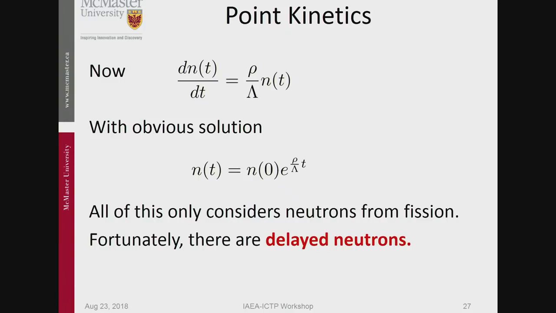So the obvious solution to this equation, and most of you should know that, is an exponential, right? If you take this exponential and you plug it in there, then it is satisfied. And this here is the number of neutrons at the beginning, at the steady state, and then you have this exponential here.